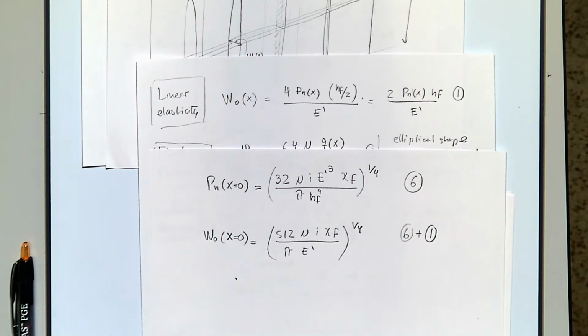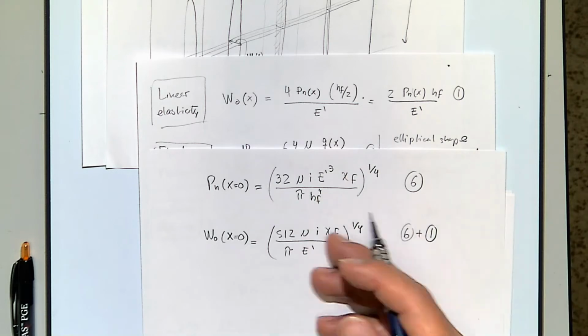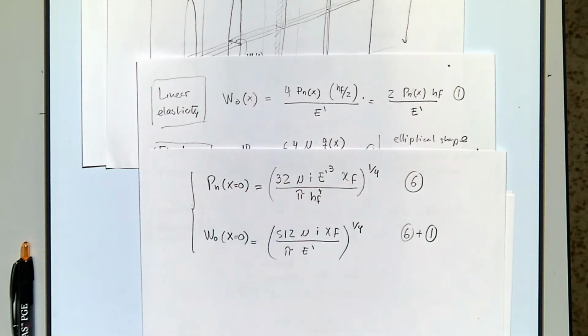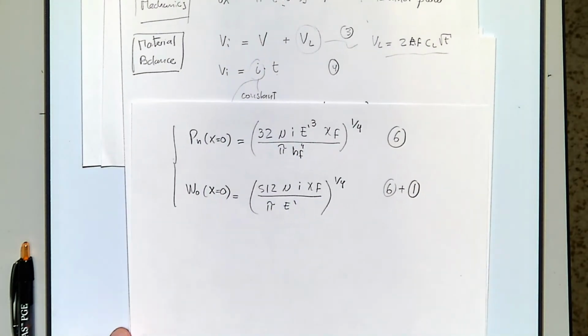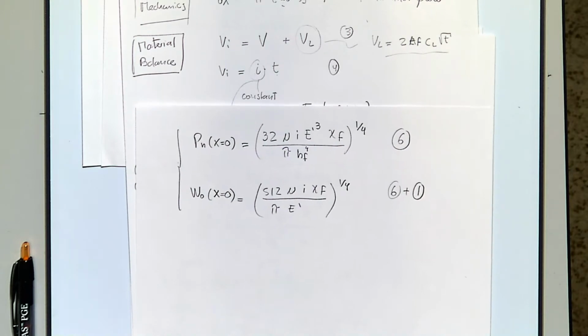All right, so with those equations, now we can do one more thing. We would like to have all of these equations as a function of time instead of as a function of fracture length. So the link through time is going to come from the material balance equation, from equation 4.